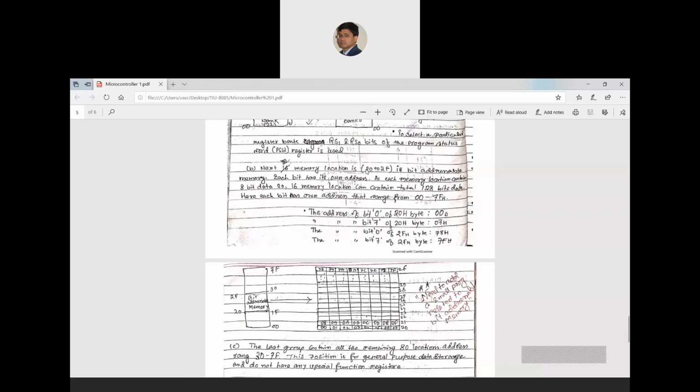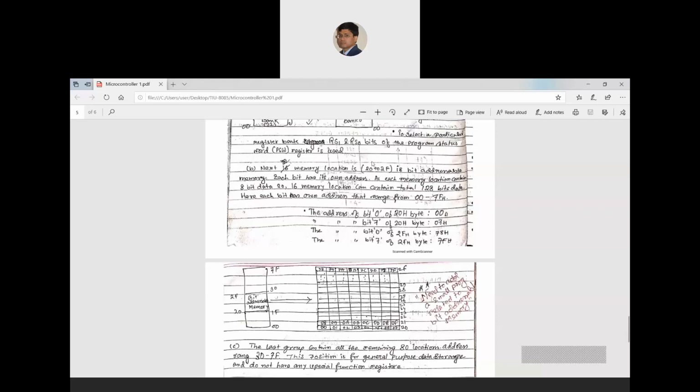That means it can handle data having 8 bit length at a time. So the maximum length of data I can put in each memory location is 8 bit. So in 20 to 2f there are 16 memory locations, and each memory location has data of 8 bit.